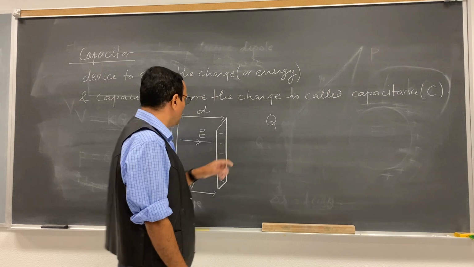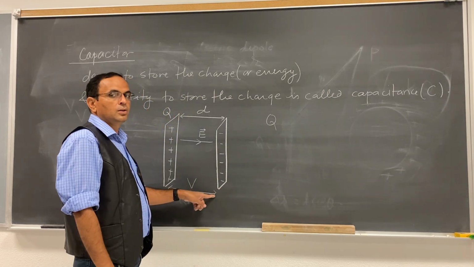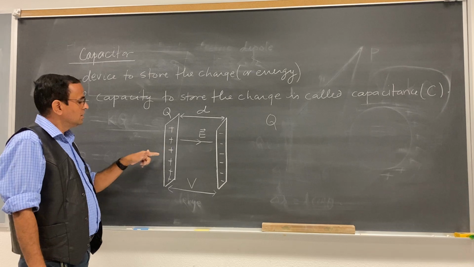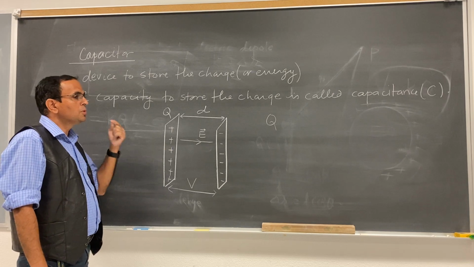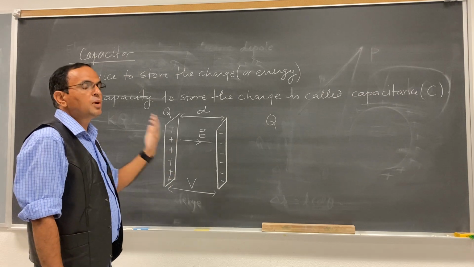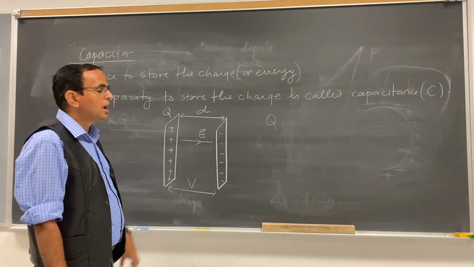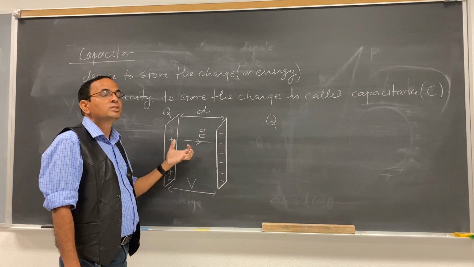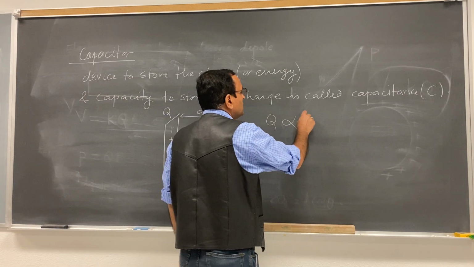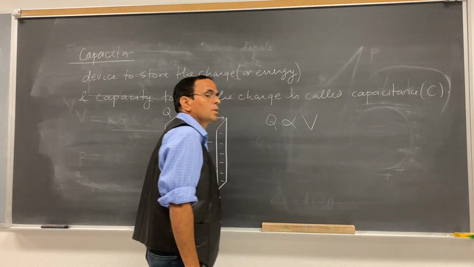It depends on the potential difference. In the beginning, there is no charge. You connect to the source and give one positive charge. Then, if you want to add another charge, you have to do work. That is how you store the charge and the energy here.